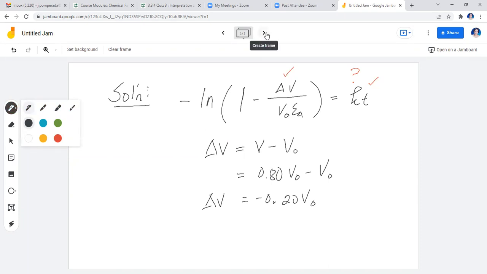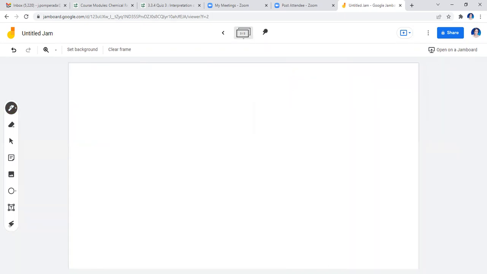Okay, so I'll go to the next page and explain what epsilon A is and how you're going to find it. Epsilon A is the volume of your system at 100% conversion minus the volume of the system at 0% conversion, over the volume of the system at 0% conversion.